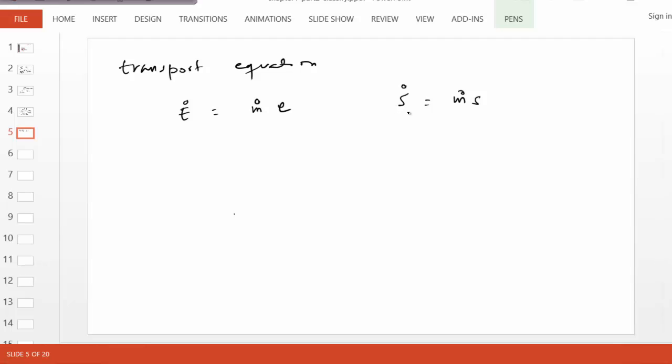This is how much entropy is carried by the mass. Yes, entropy also can be carried just like energy. Or we can write even what is Ke dot. It will be m dot times Ke. Now that probably you haven't seen that kind of an equation before. Pe dot equals m dot times Pe.